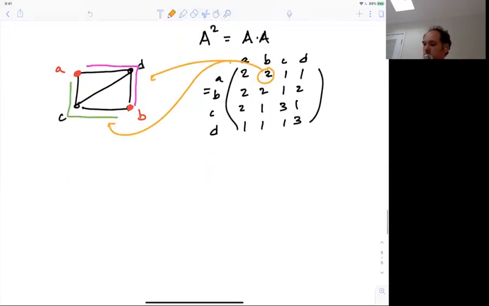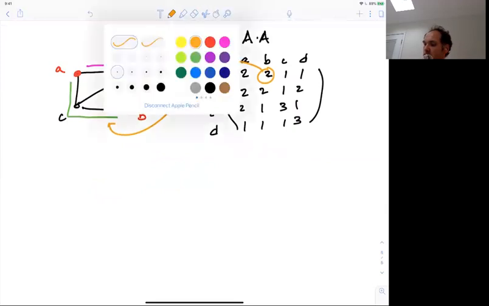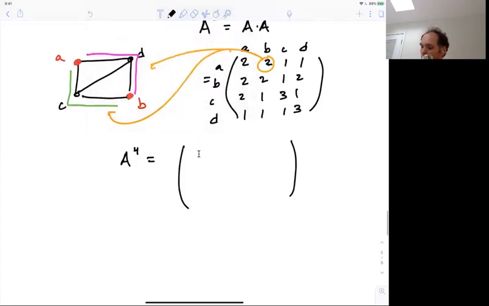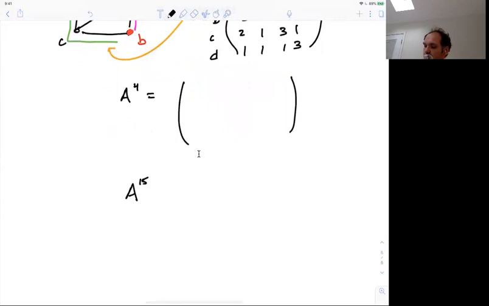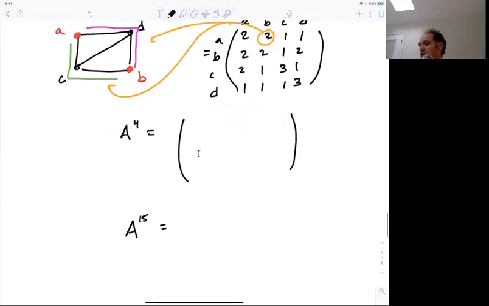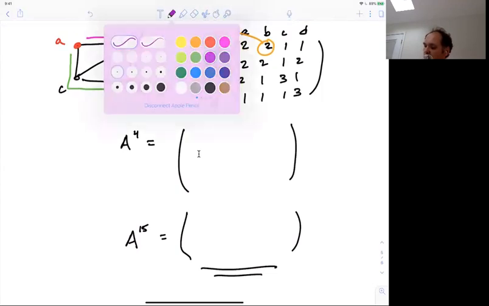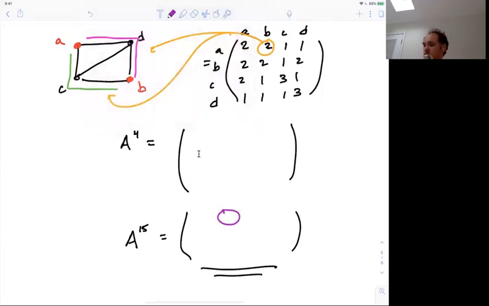So if you wanted to, we could go answer our question. What's A to the 4th? And we could do it. Or even moreover, we could do A to the 15th. This would seem tedious to do by hand, but the nice thing about computers is they will tell us in an instant what this is.